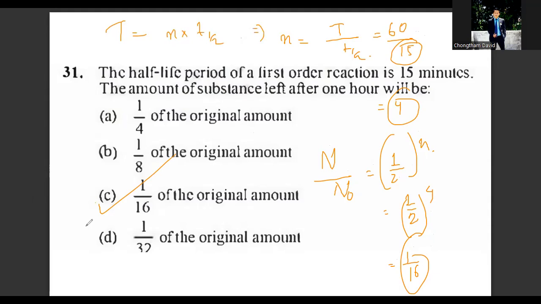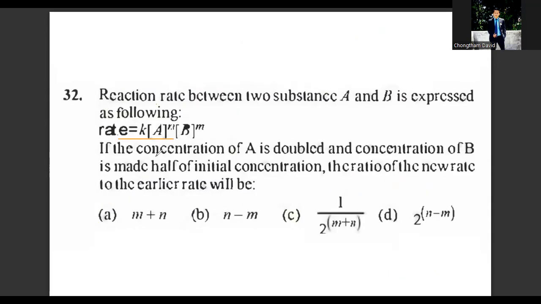Now it's clear. Question number 32, reaction rates are given, and this is the rate law. If the concentration of A is doubled and B is made half, what is the ratio of the new rate to the earlier rate? From rate 1, what can we deduce? Rate 1 equals rate constant k, A to the power n and B to the power m, and these are the unknowns.